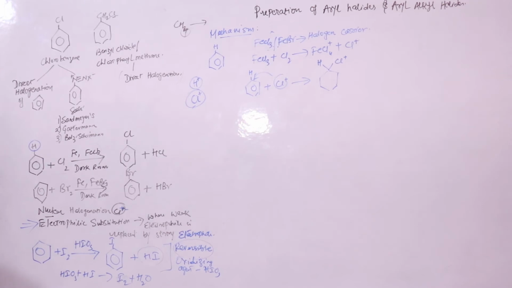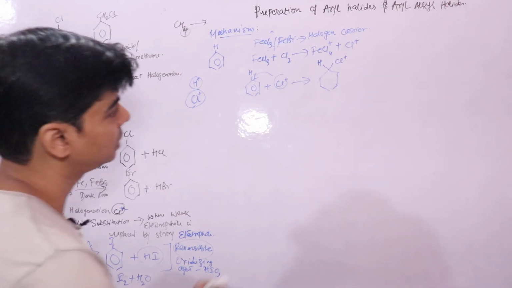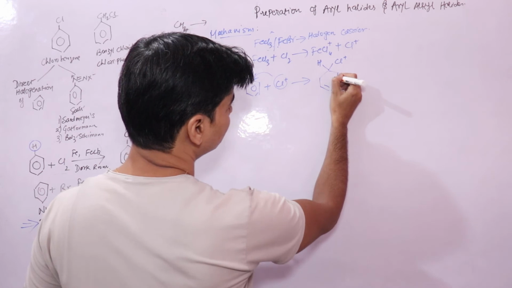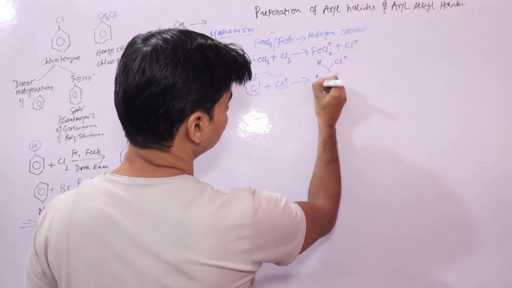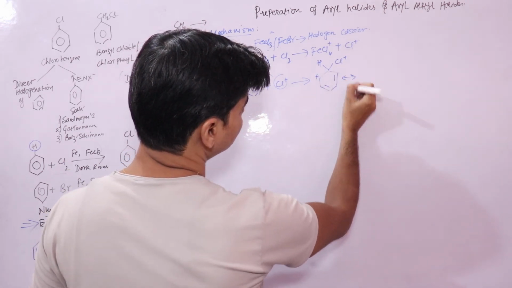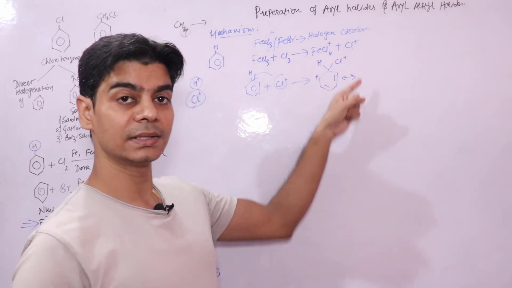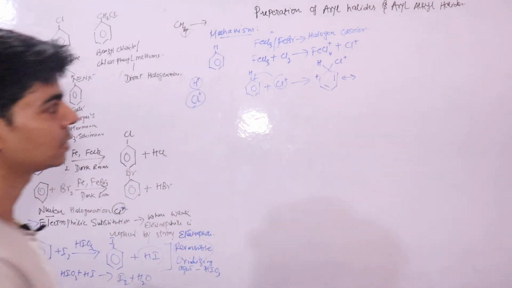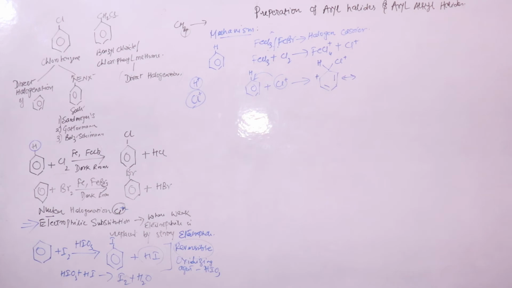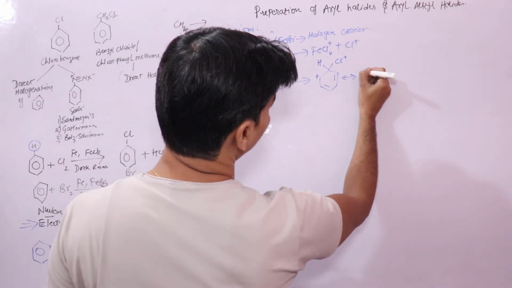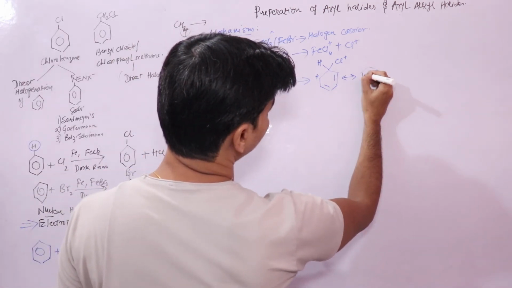We know that a carbocation is an intermediate, and we'll just understand some important things about these. Since this is an intermediate, it is resonance stabilized, right? I'm just drawing different resonance forms.